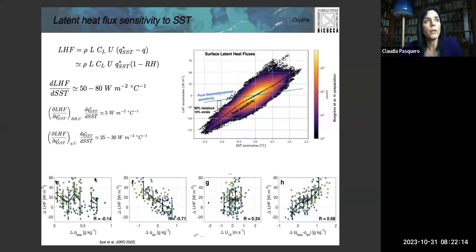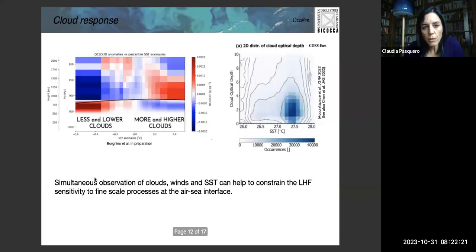I mentioned before that there are also effects on clouds. Indeed, the changes in clouds, both in the observations and in the numerical simulations, show more clouds, higher clouds, and thicker clouds over the warm patch, exactly because there are much larger fluxes of moisture, and so the air becomes more moist.